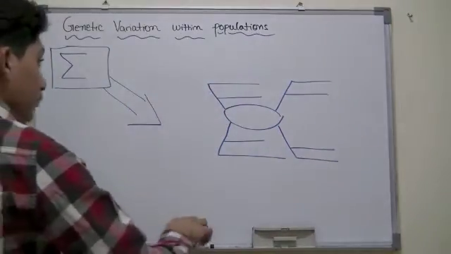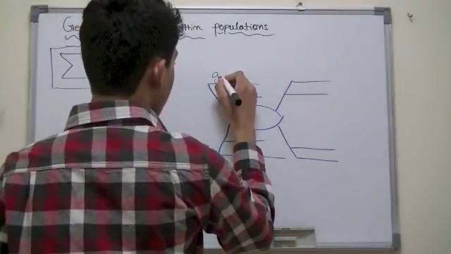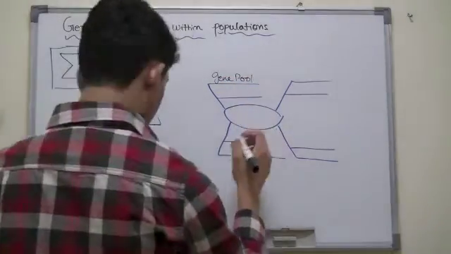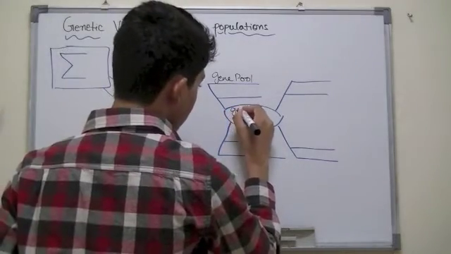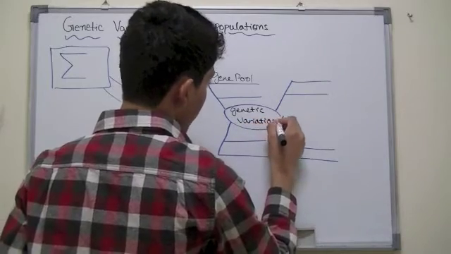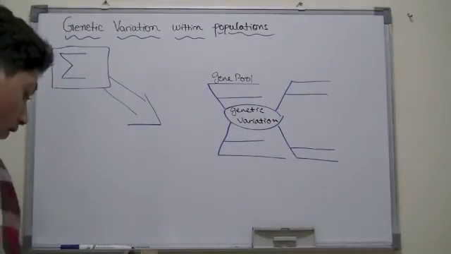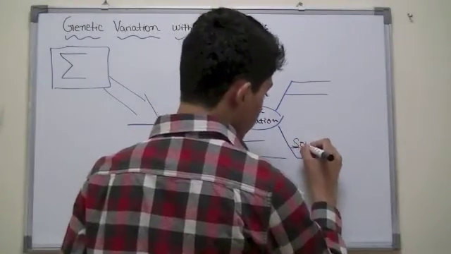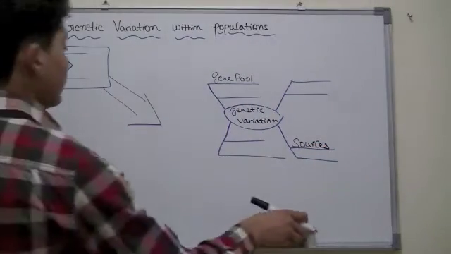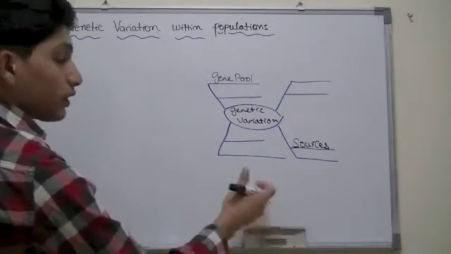Now let me label it. At the top we have the gene pool. Then over here you have genetic variation. And on top of here, it's basically the same thing, but what I'm going to include is the sources. So this is how the diagram to calculate the allele frequency or rate looks.